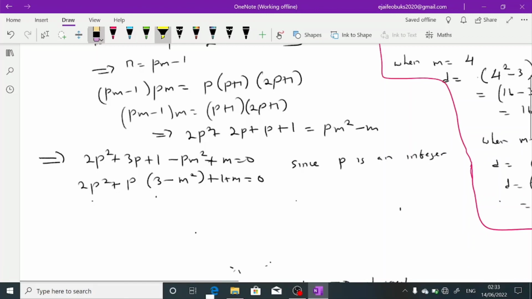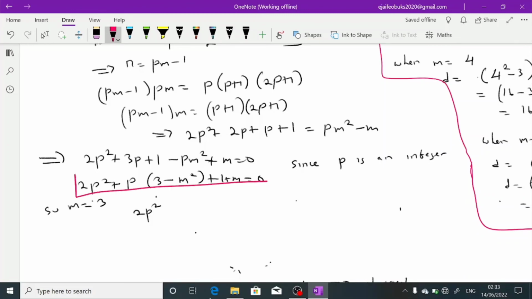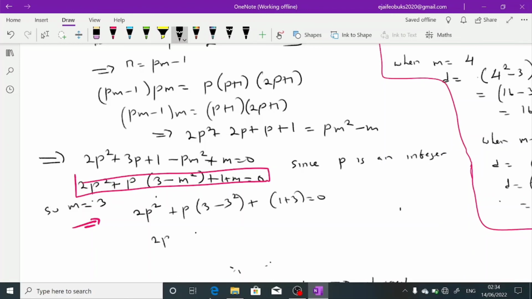We know that m is equal to 3. So you come here and you put 3 into this equation. Then we have 2p squared plus p times (3 minus 3 squared, sorry) plus 1 plus 3 equals 0. 2p squared plus p times 3 minus 9 plus 4 equals 0.